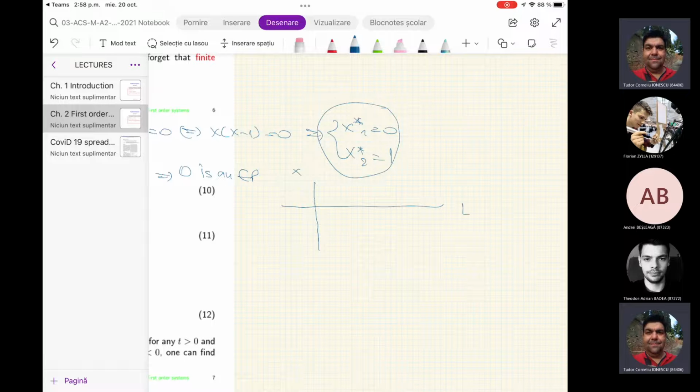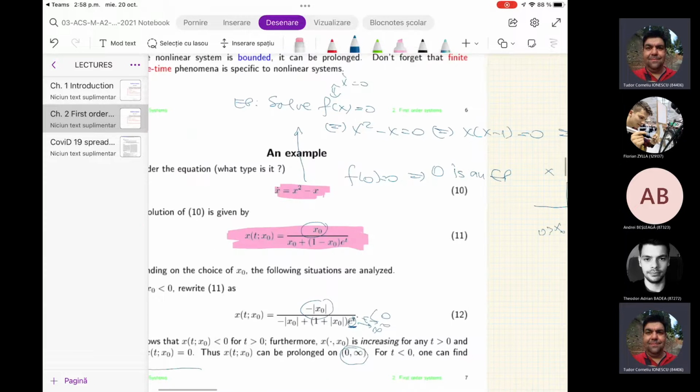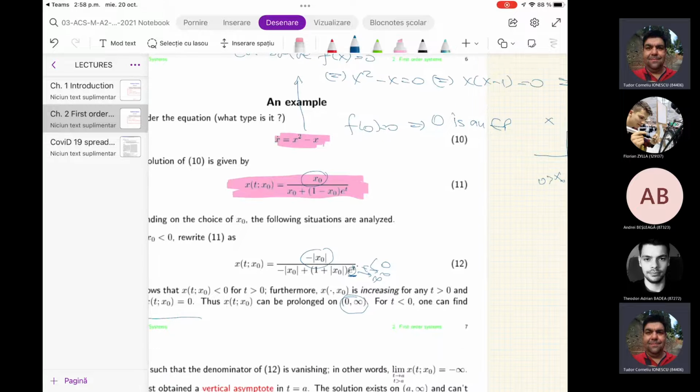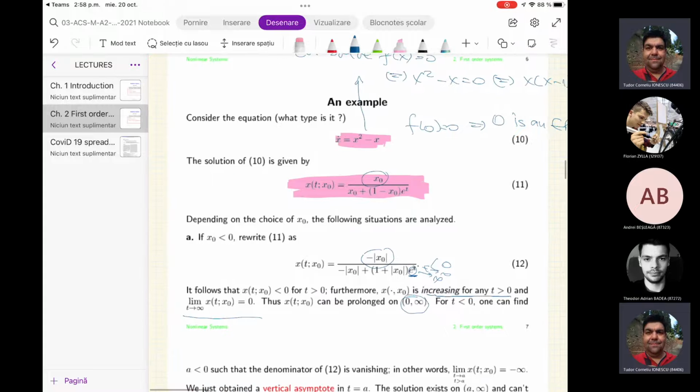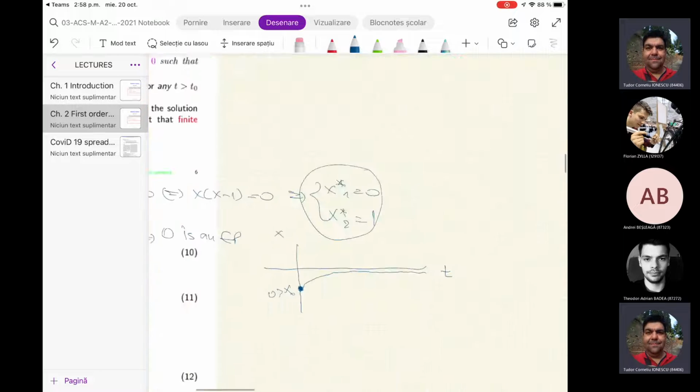This is the solution x, this is the time t, and if I start from negative, x0 negative, then the theory is telling you that this is increasing up to 0. This is what it says here. It's monotonously increasing, and finally going to 0, because this exponential is going to infinity.